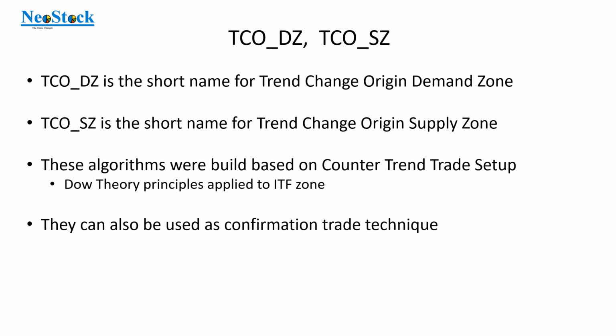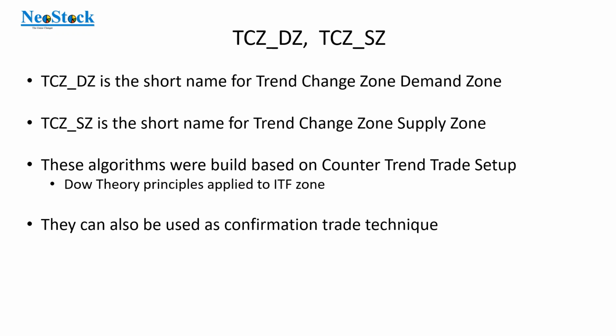So the Dow theory concept is based on higher highs, higher lows, lower highs and lower lows. Now the same, instead of higher highs and higher lows, we use demand zones and supply zones, because we are supply demand traders. It can also be used as a confirmation technique, but this confirmation technique I will explain later. First we will focus on how we can capture these trades.